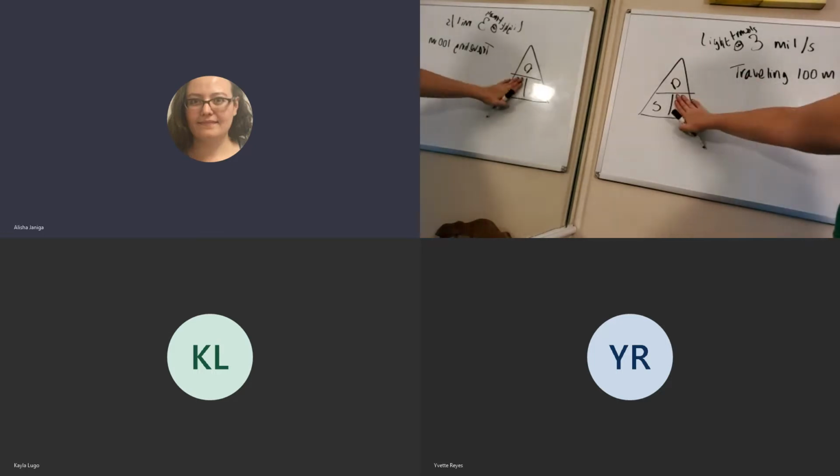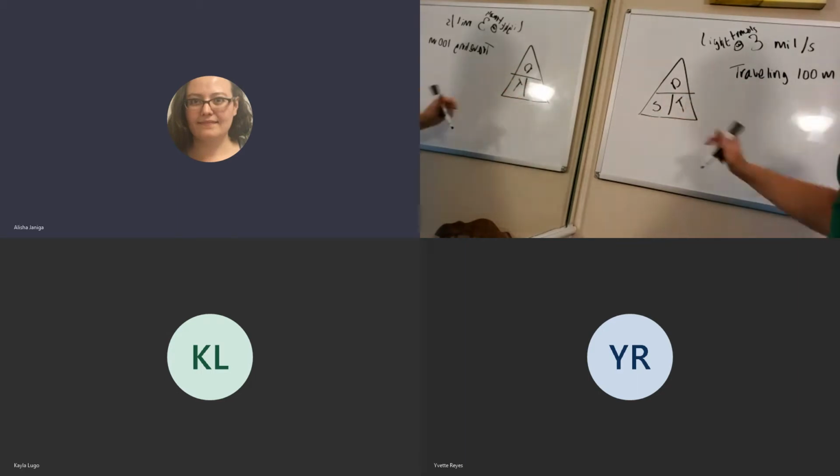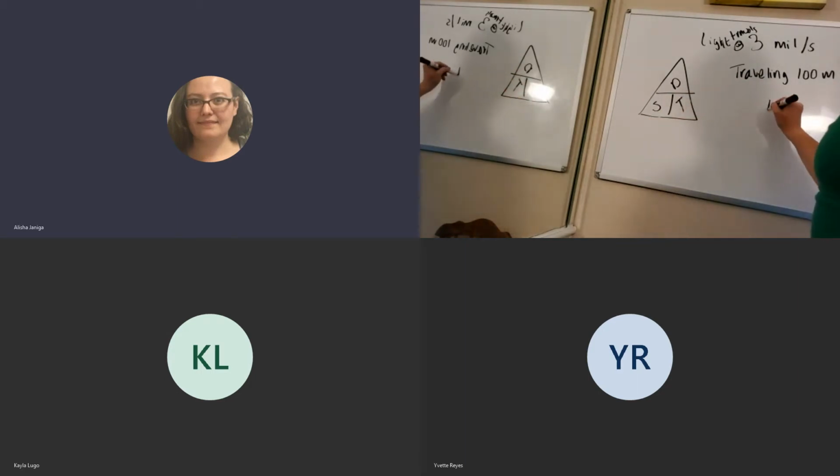So we want time, so we'll put distance over speed. So we'll put our 100 miles, let's just change that to meters, it's meters. 100 meters divided by our 3 meters per second.